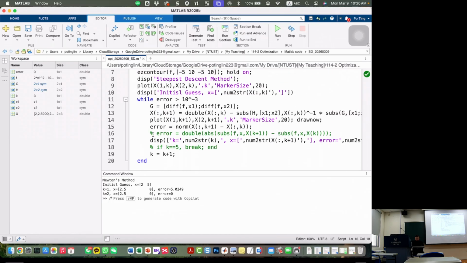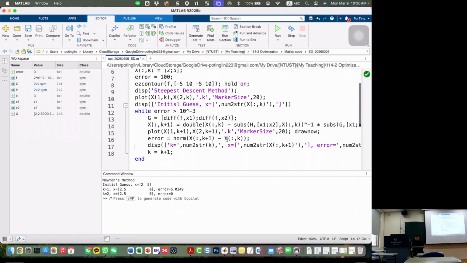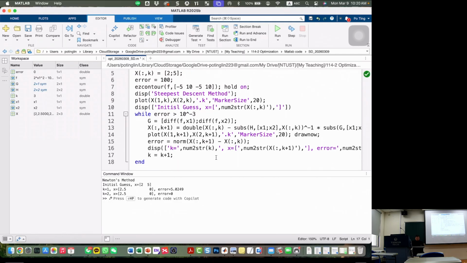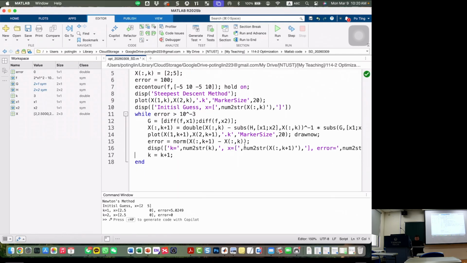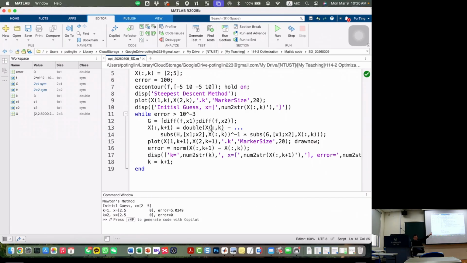I will just get rid of the things I don't like. Okay, so right here, this is what we had earlier for Newton's method: x minus the inverse of the Hessian times the gradient. So we don't have the Hessian anymore.